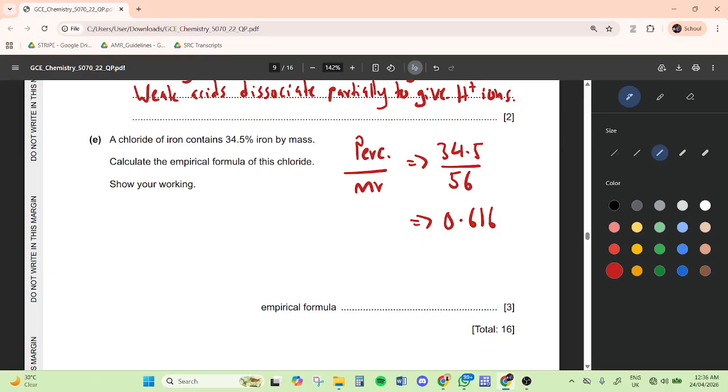Because it's defined as just a chloride of iron, this will just be made up of iron plus Cl. So if 34.5% is iron, then that means 100 minus 34.5 gives you 65.5%.